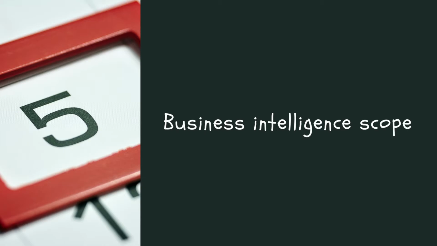Business intelligence scope is up next. If you think that you're going to implement a new ERP or CRM system without any reporting or BI approach, you're sorely mistaken. In some cases, these are run as separate independent projects, but there is a dependency, and this should be noted in your statement of work or charter.